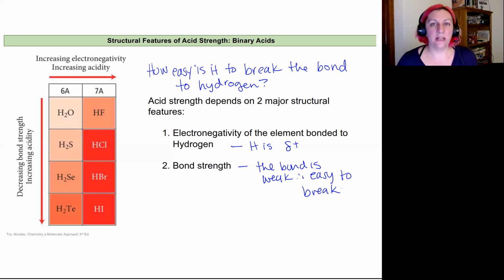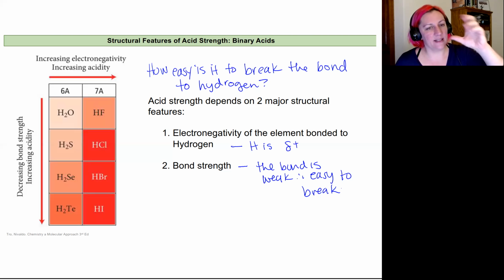So let's talk about electronegativity first. Here our hydrogen is partially positive. In that uneven distribution of electron density, it's mostly on the other atom, and so that hydrogen's partially positive. If that bond breaks and there's a formal charge of -1 on the other element, it's already very electronegative, which means it is easier to support a negative charge.